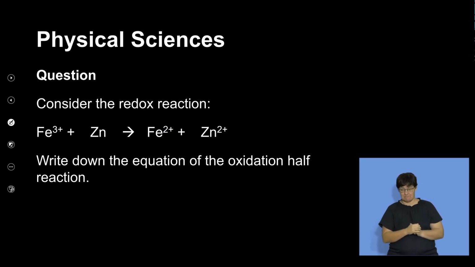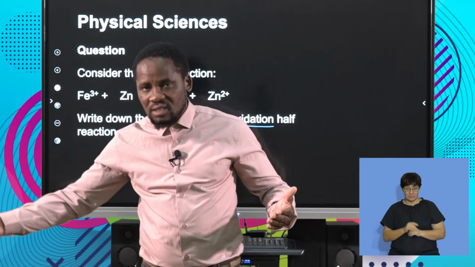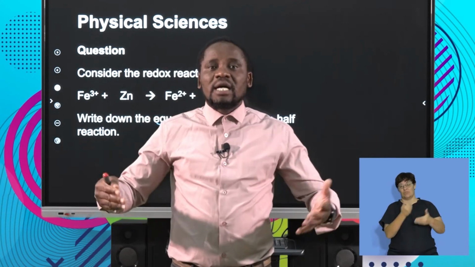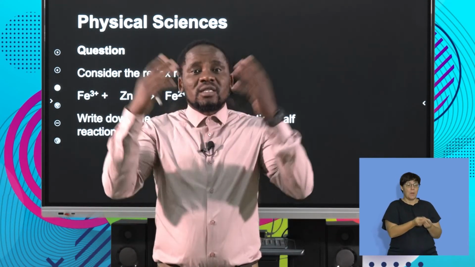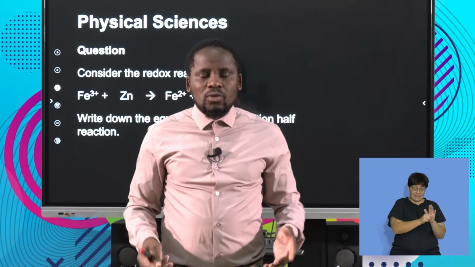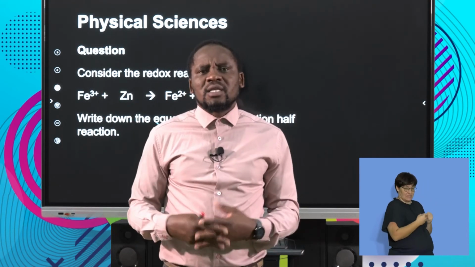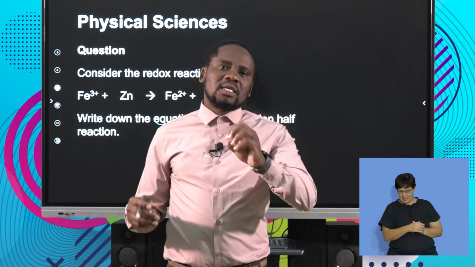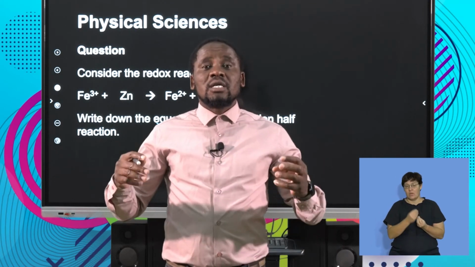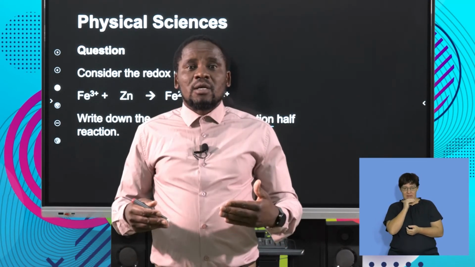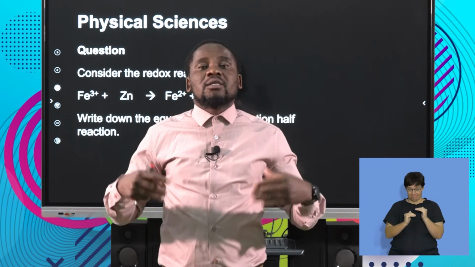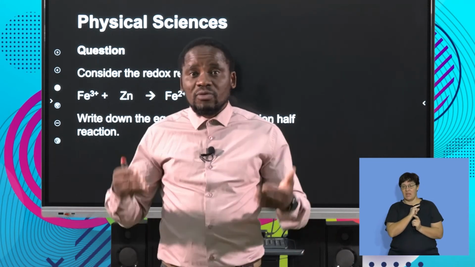Now, the question goes on and says, write down the equation once again of the oxidation half reaction. So the equation represents a process in which substances either lose or gain in the entire transfer of electrons. So a substance that undergoes oxidation actually has its oxidation number increasing, because that is coupled by the loss of electrons.